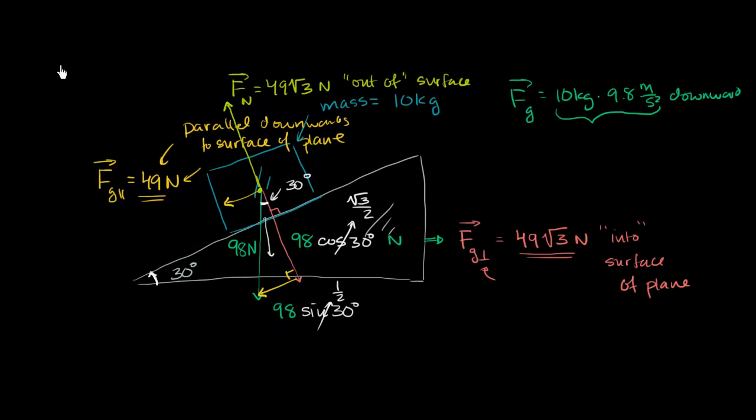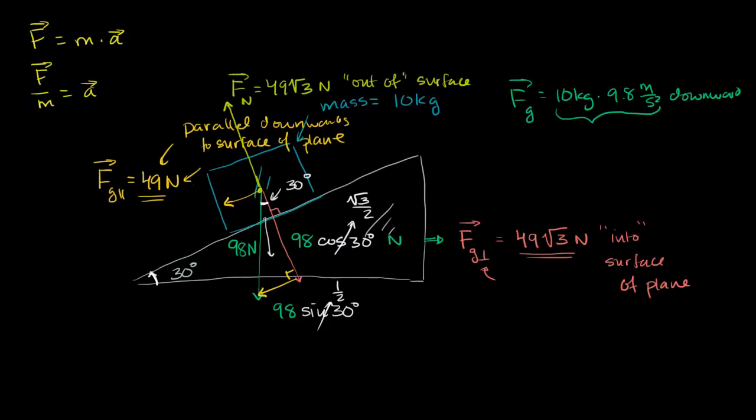You have force is equal to mass times acceleration. Divide both sides by mass, and you get force over mass is equal to acceleration. Over here, our force is 49 newtons parallel downwards to the surface of the plane.